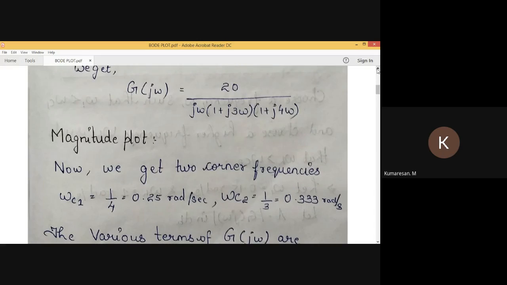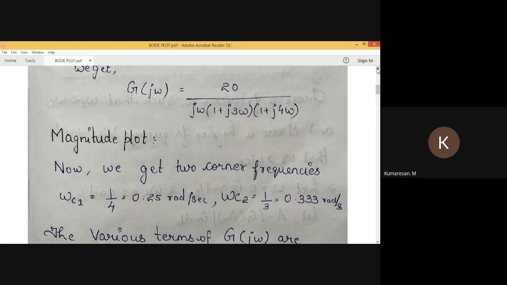J omega is the first term, 1 plus 3 J omega is the second term, and 1 plus 4 J omega is the third term. In the numerator there is no S term, so we simply leave it. But the denominator has 3 S terms: J omega into 1 plus 3 J omega into 1 plus 4 J omega.